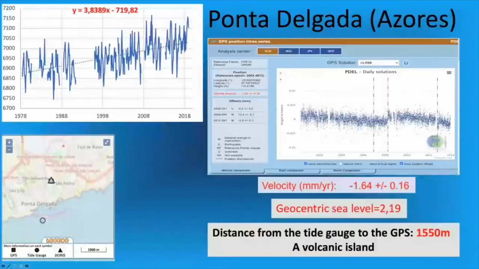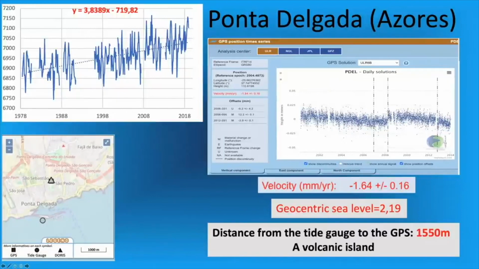At Ponta Delgada, in the Azores, is a different kind of problem. You have a higher sea level rise, but when you see it, you have also down. The GPS is showing that the land is going down. And another thing, the GPS is quite far away, more than 1.5 km from the tide gauge.